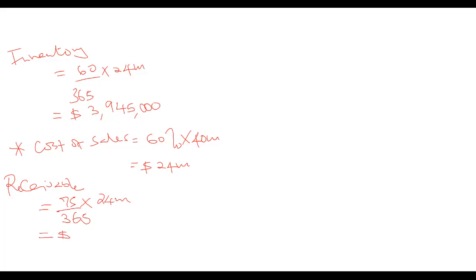Why is it not 40 million for receivables? Sorry, 40 million, not 24 million. Sales on credit is 40 million. Thank you.